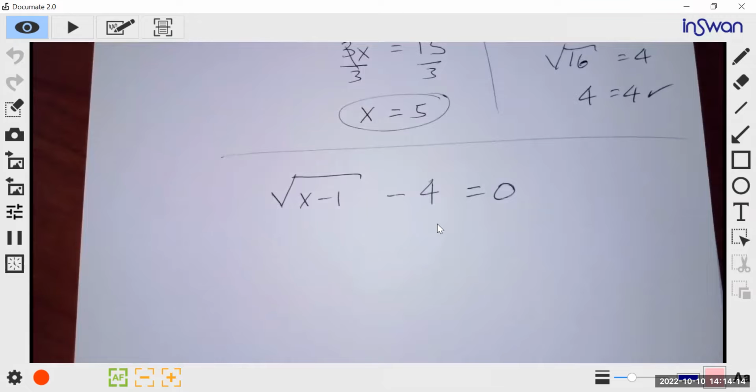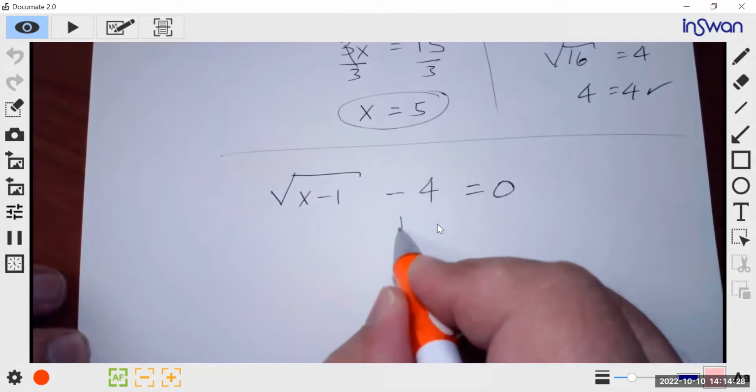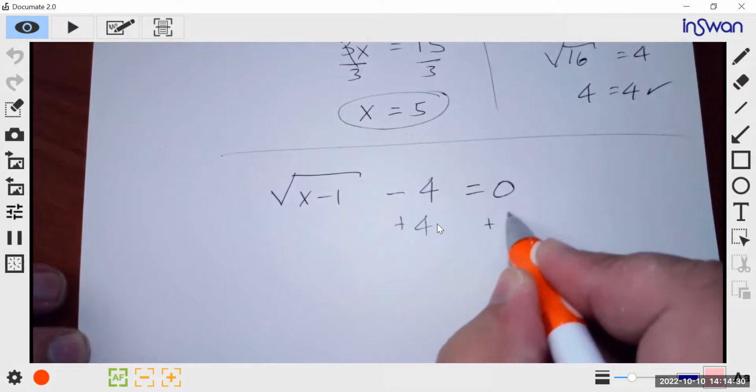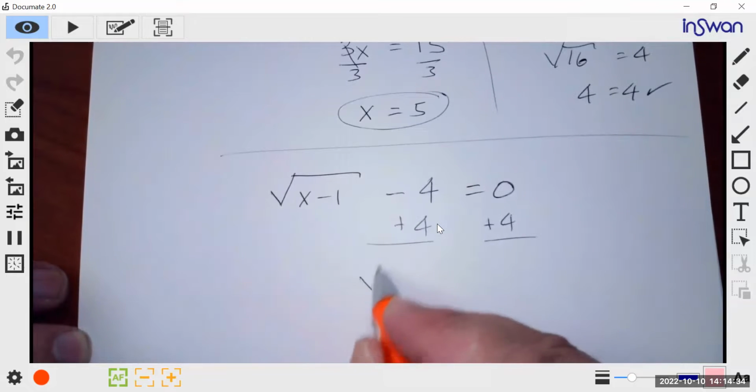Okay, we have square root of x minus 1 minus 4 equals 0. Are all the x's to one side? Everything else to the other side? No, there's minus 4 there. So I have to get 4 out of there. We have to basically isolate the radical. You have to isolate the radical to get rid of it.